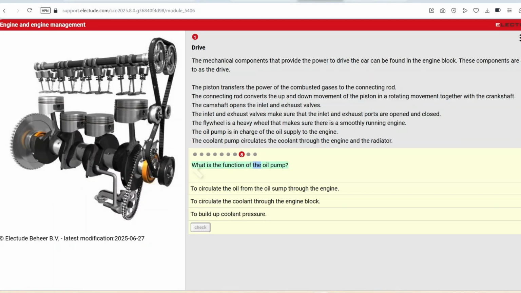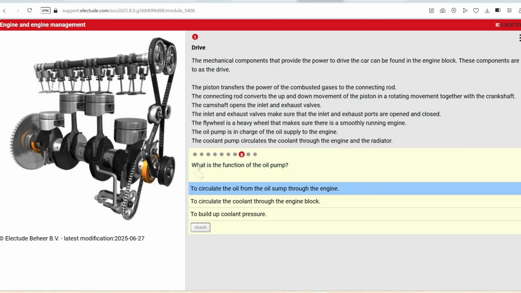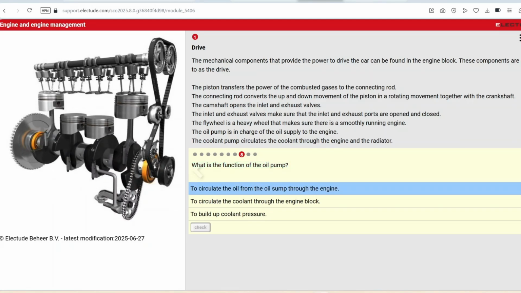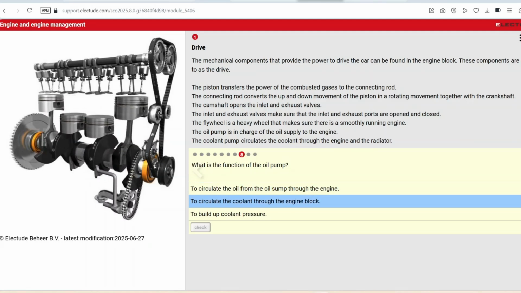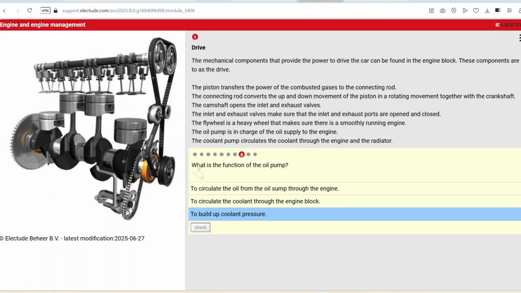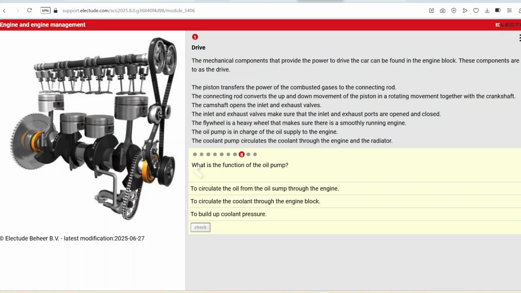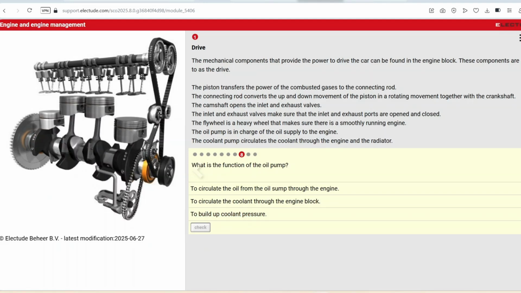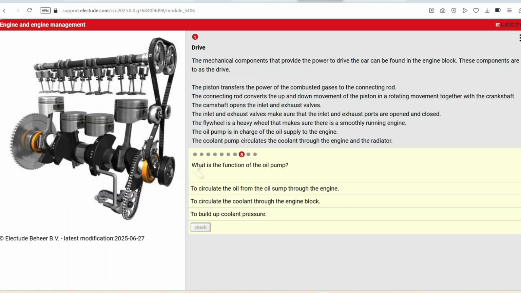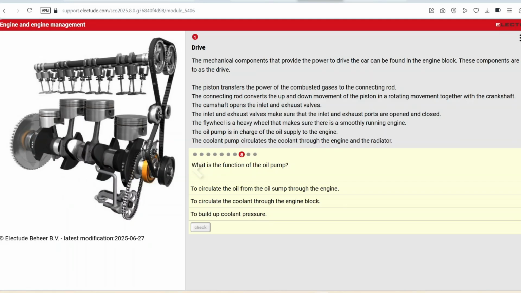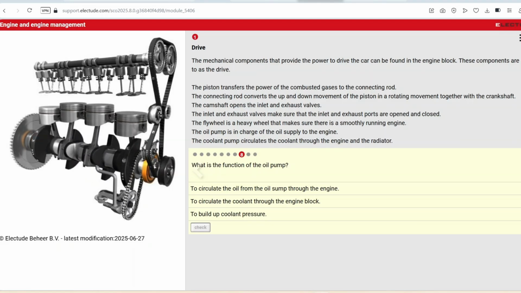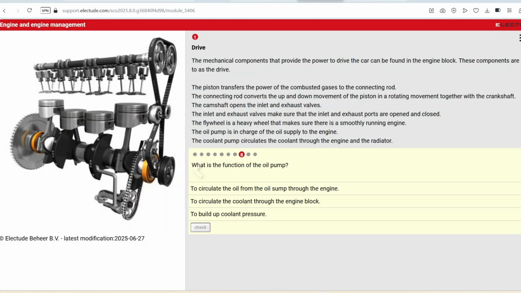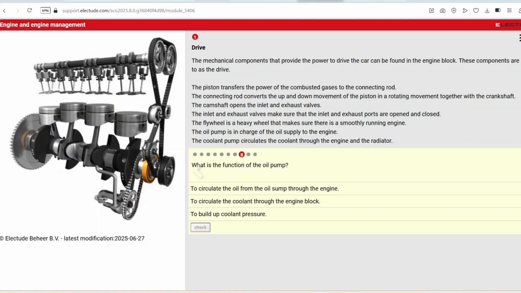What is the function of the oil pump? To circulate the oil from the oil sump through the engine. To circulate the coolant through the engine block. To build up coolant pressure. Okay, so I'm sure that is correct. I don't think the second and third statements are correct.